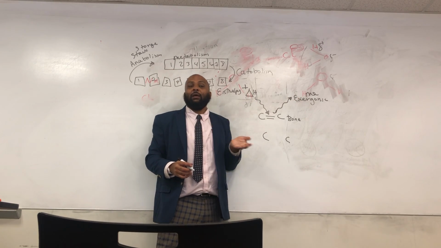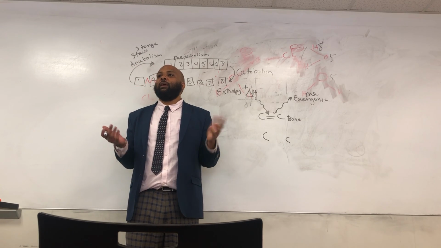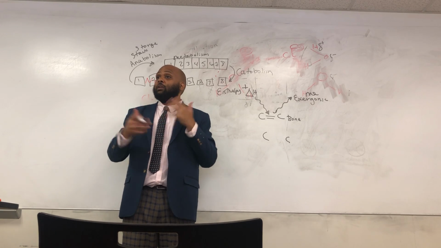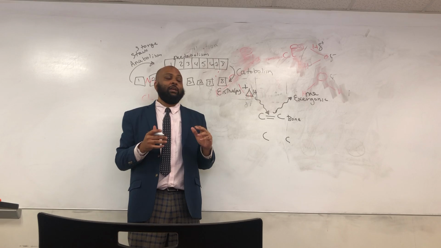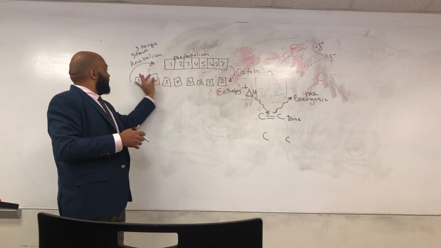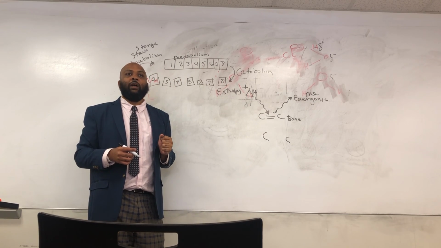But let's say I already have enough energy, and I have so much sugar in my body that I cannot use it, because I'm not running a marathon. So now I need to store it. If I need to store it, stack it up, do I need to build bonds or break bonds? I need to build bonds.